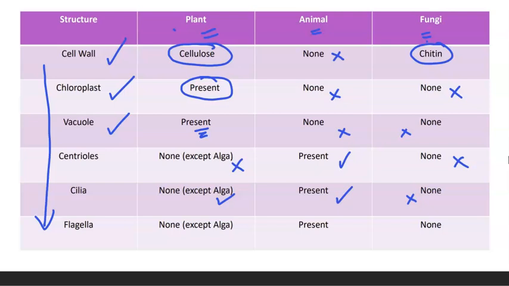Flagella, a long structure used for propelling the cell forward, not known in plants, present in animals, but very different in structure to that found in the prokaryotic bacterial cells, and certainly never found in the fungi.